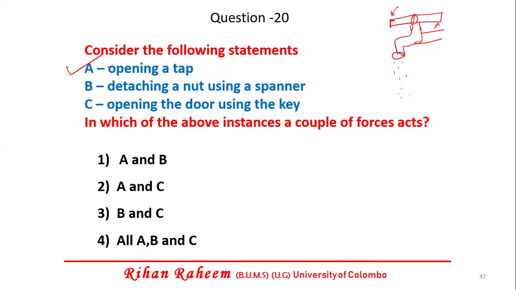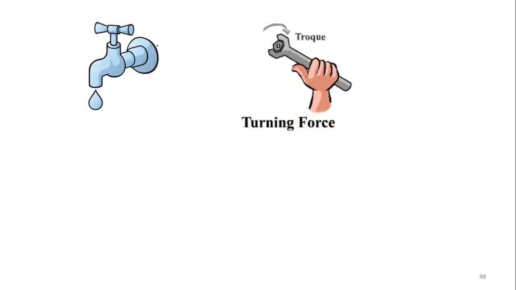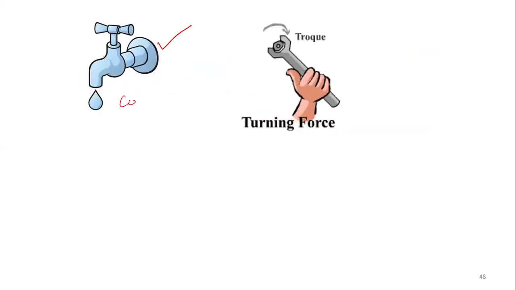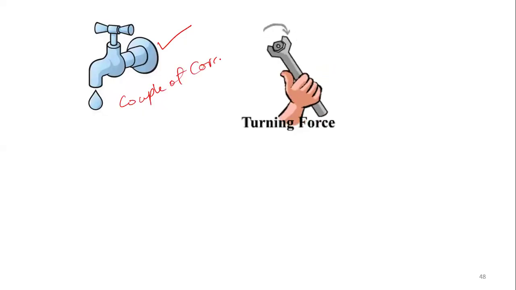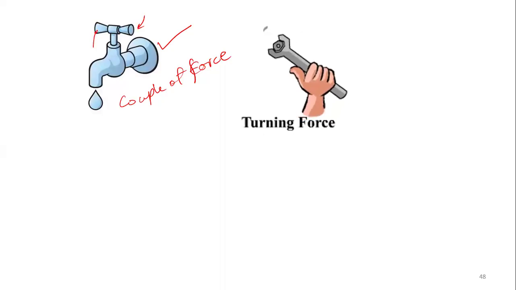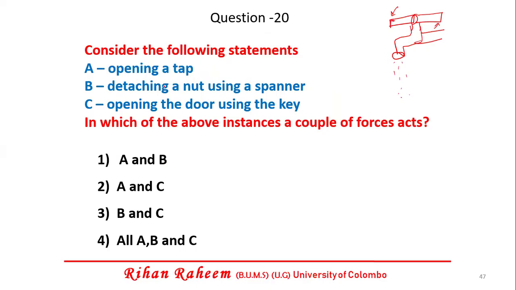So consider the following statement. Opening a tap. This tap, you open by using the couple of force method. A force from this side and an opposite force from this side. That's how it rotates. Detaching a nut using a spanner. There is a nut.